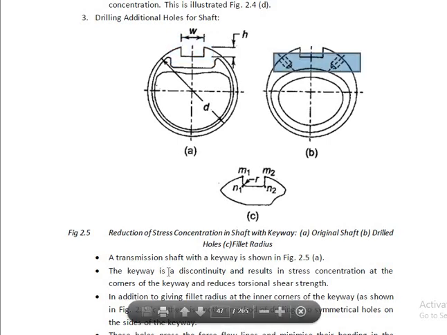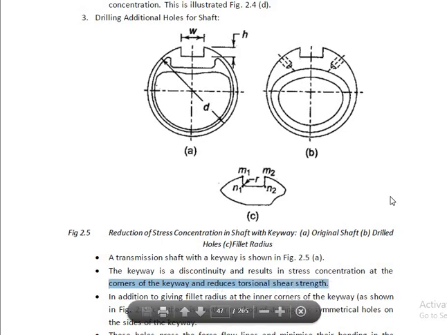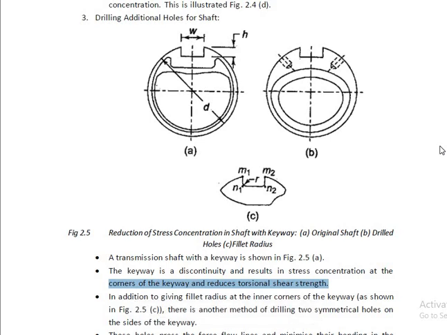The keyway is a discontinuity and results in stress concentration at the corners of the keyway, and it reduces the torsional shear strength of the shaft, means torque carrying capacity.